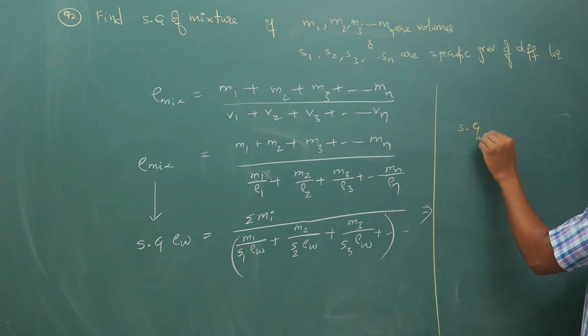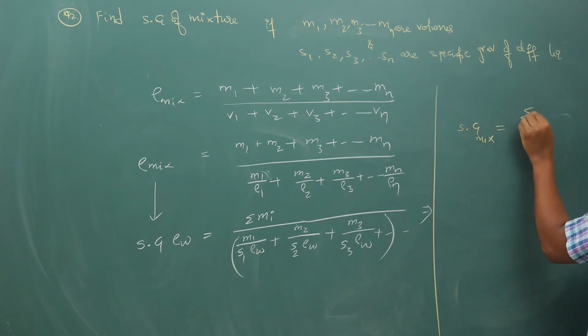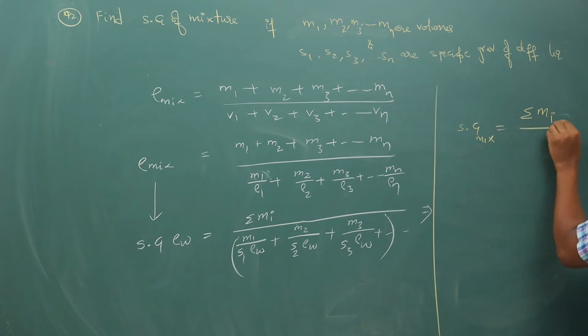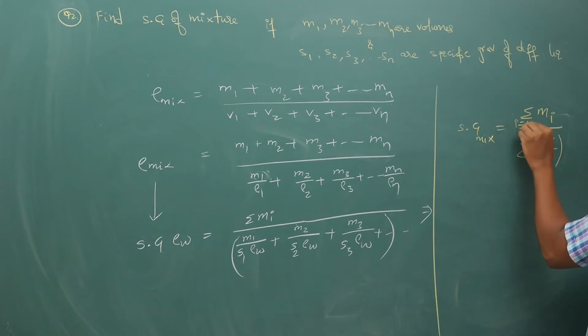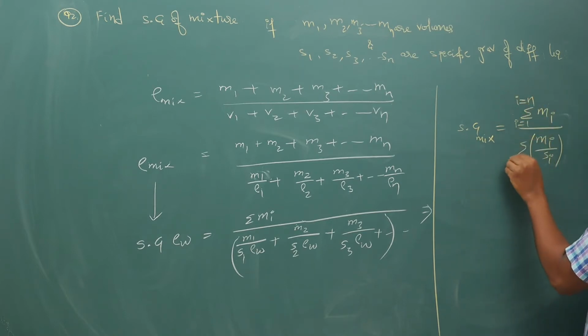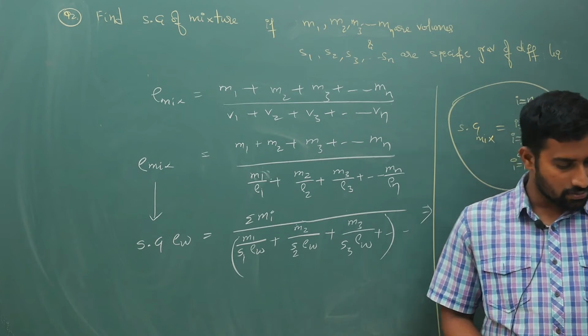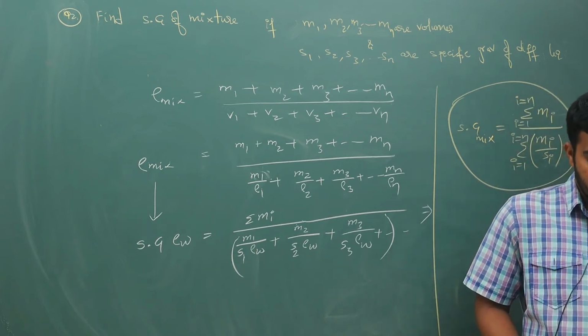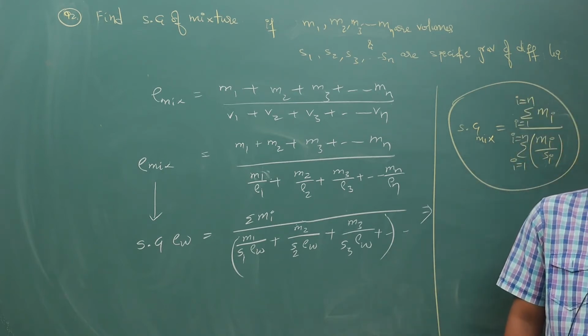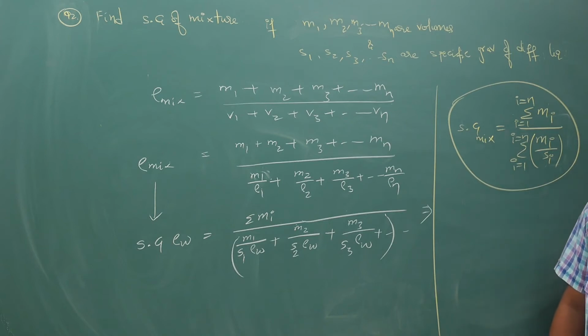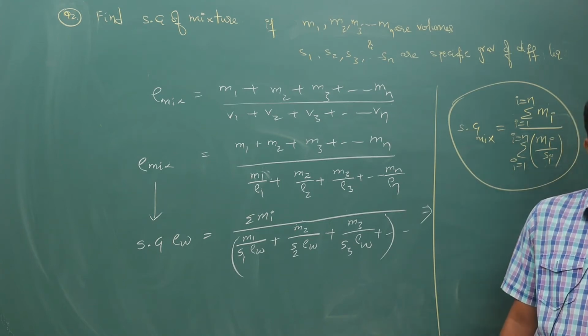Your specific gravity of mixture is going to become sigma of mi by sigma of mi by Si, from i equal to 1 to i equal to n. However many liquids you are mixing, that many liquids you can add. Hope you can calculate it this way. Hope you have understood everything. This is regarding your specific gravity.